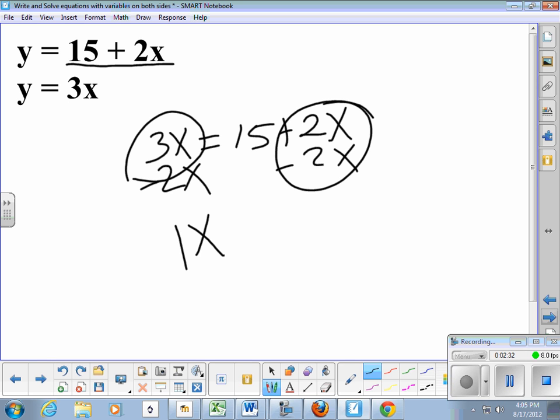I could write 1x, but it's okay to write just x. So the answer to solving that equation with variables on both sides says the number of DVDs is 15 when those two situations are the same.